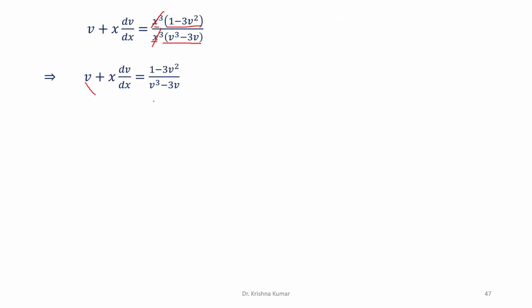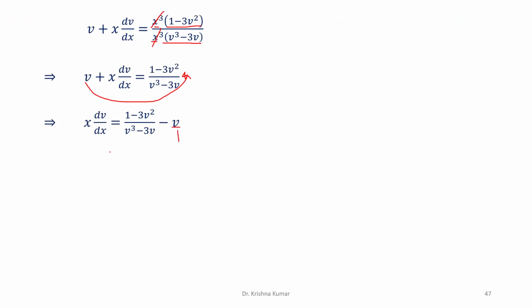Let us transpose this v to this side. So we have x dv/dx is equal to (1 − 3v²)/(v³ − 3v) minus v, so v upon 1.